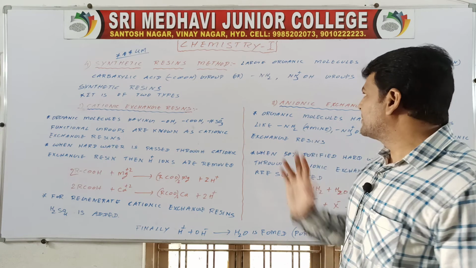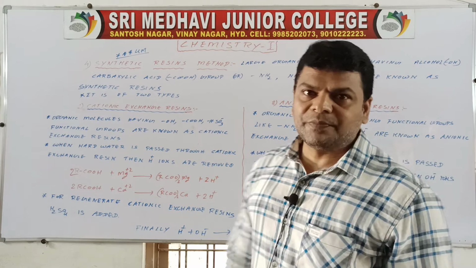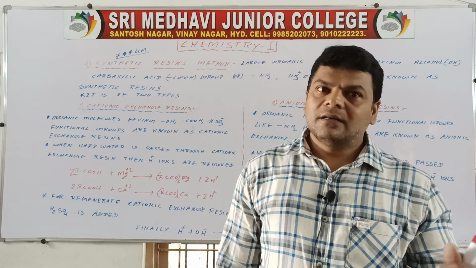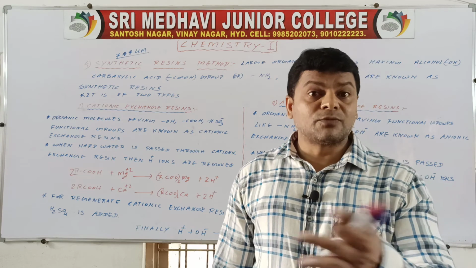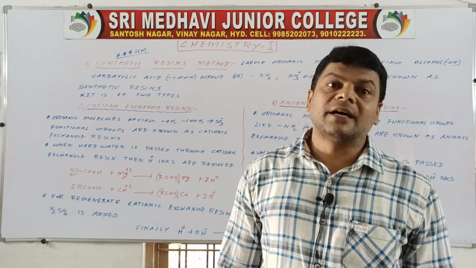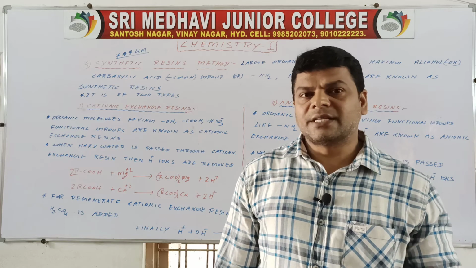Synthetic resins means large organic molecules having alcohol group or carboxylic acid group or NH2 amine group or NH3+ OH- group, that is ammonium hydroxide ions. So these are called exchange resins.